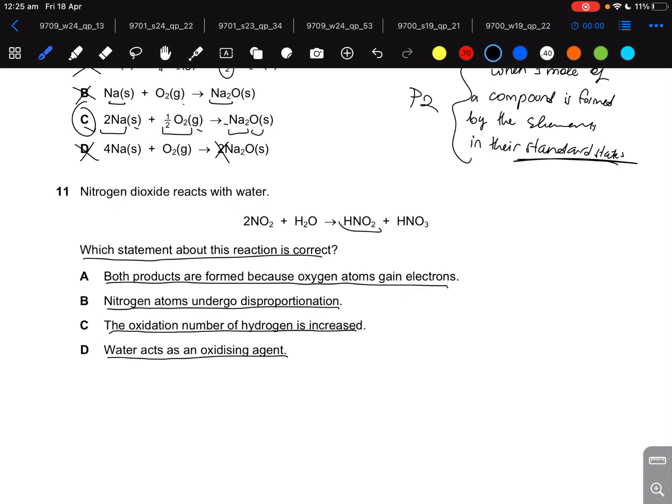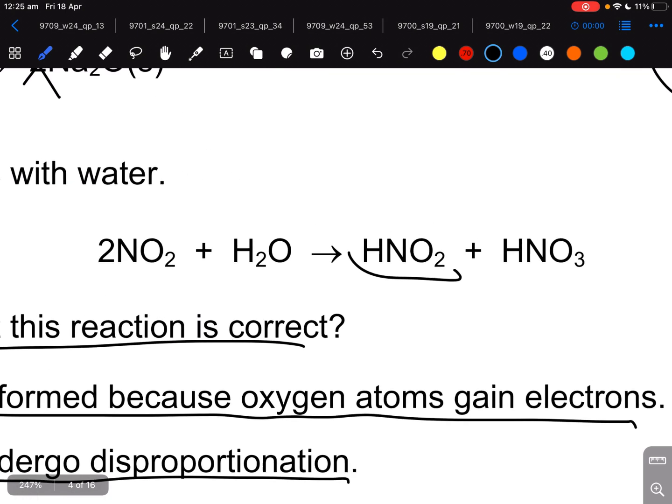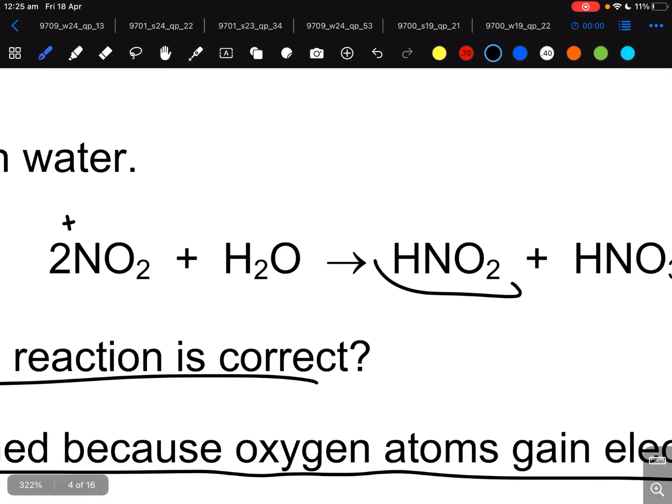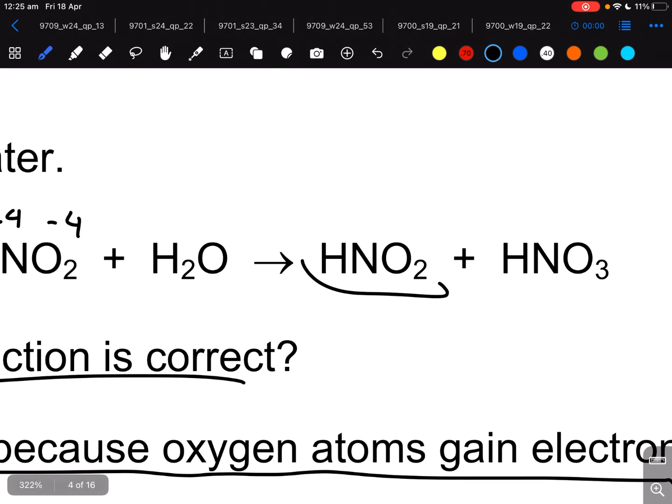Okay, so let's look at the oxidation numbers, because most of the options talk about oxidation numbers. Nitrogen has a +4 because each oxygen atom has a -2, so there are two, so it's -4. And the hydrogen is usually not changed unless it forms a gas, because in element form it has 0, so that's the only time it's really changed.